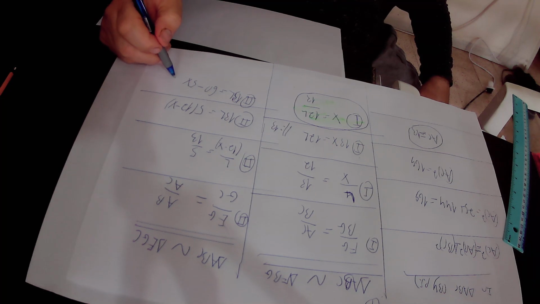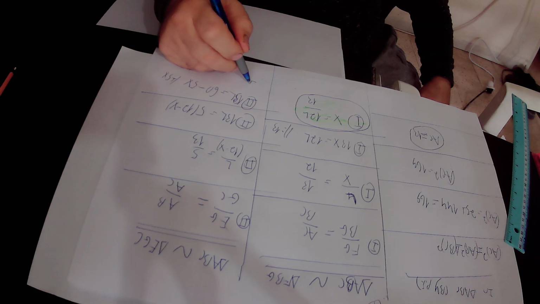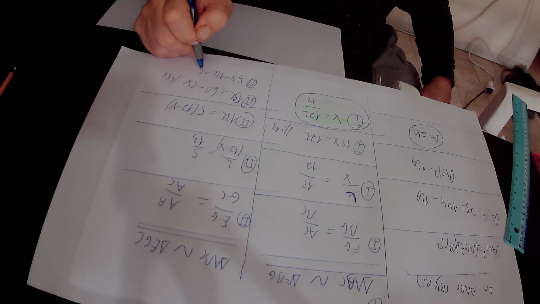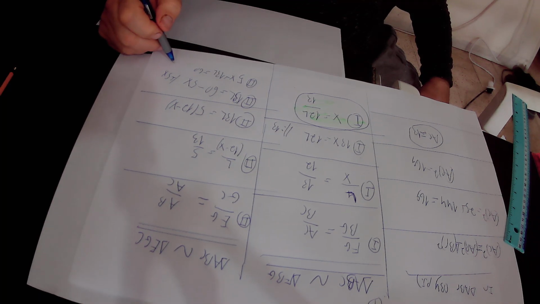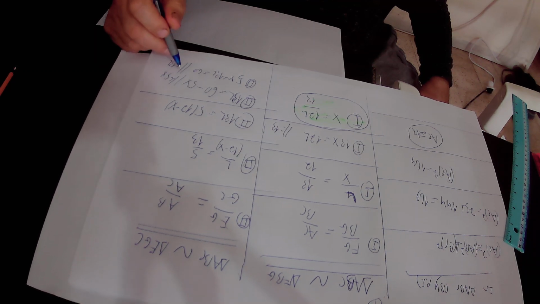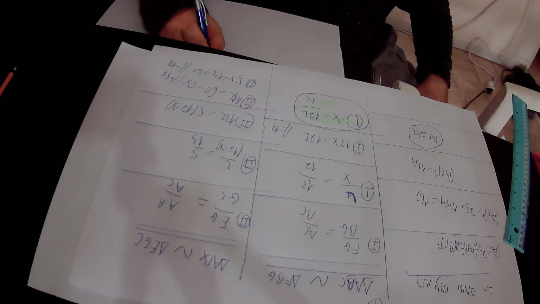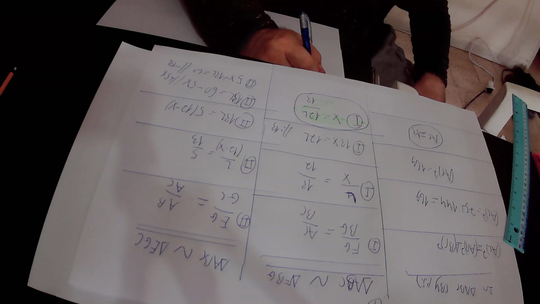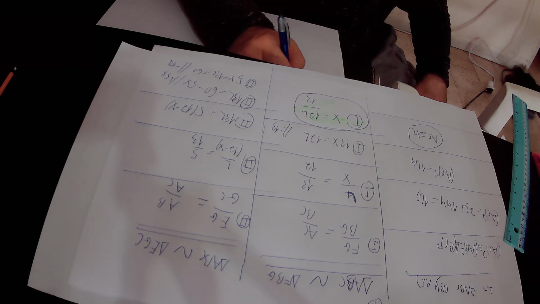Here we add 5x to this equation, and we get that 5x plus 13L equals 60. Here we subtract 13L, and we get that according to equation 2, 5x equals 60 minus 13L.